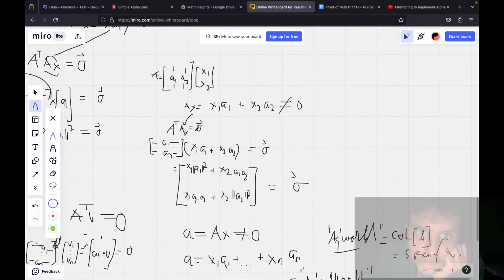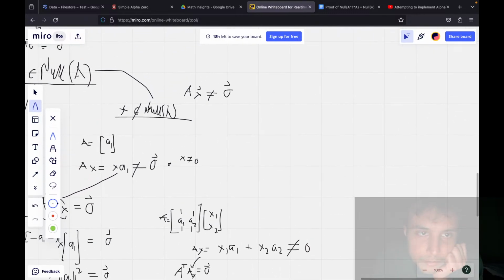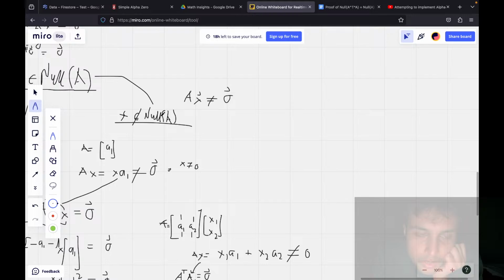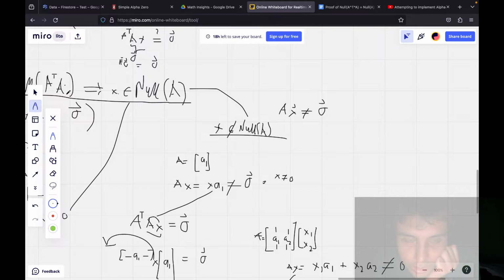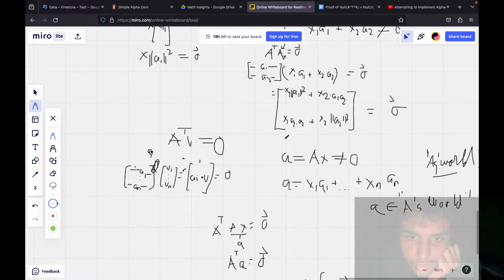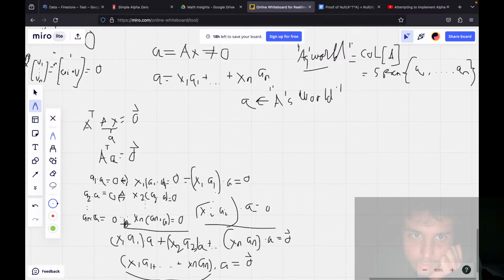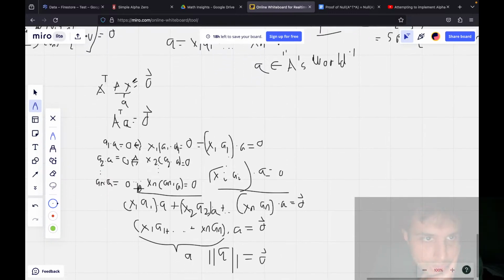So when I say that x is not in the null space of A, then if we take Ax, because we want to eventually say ATA of x, so if x is not in the null space of A, then let's let Ax be a and call it in A's world. But now we have ATAx equals 0.